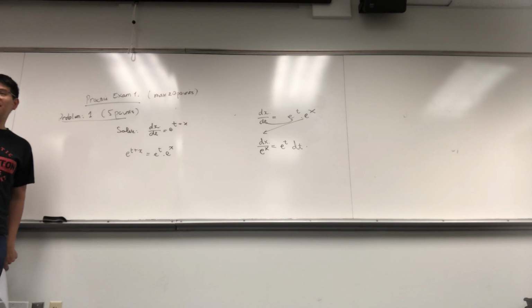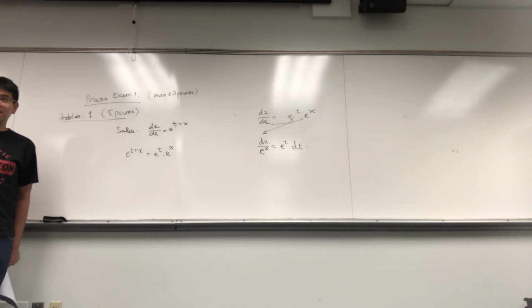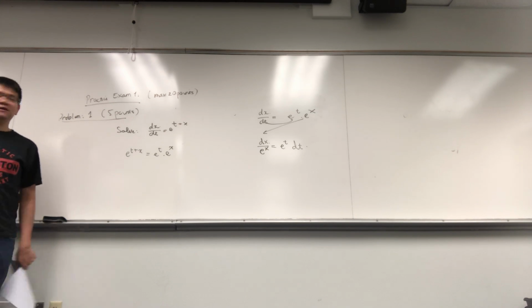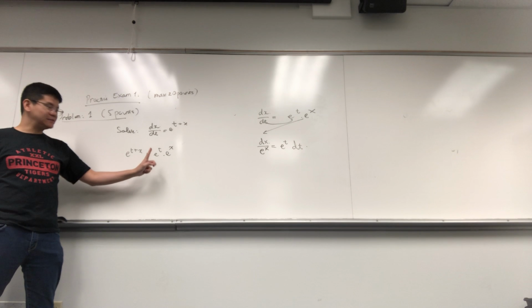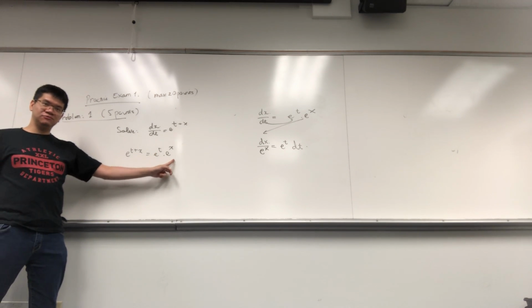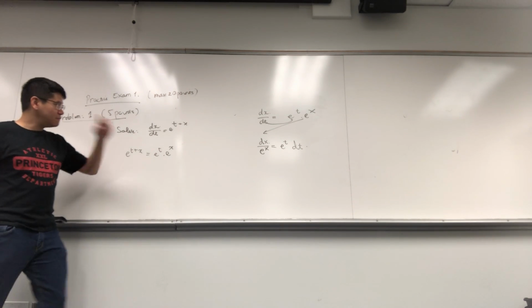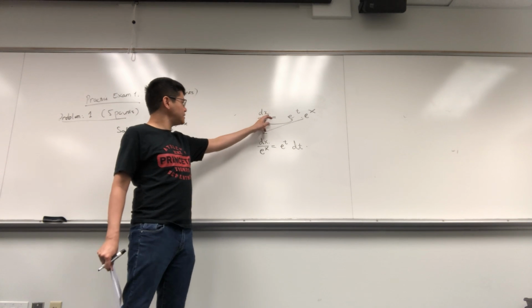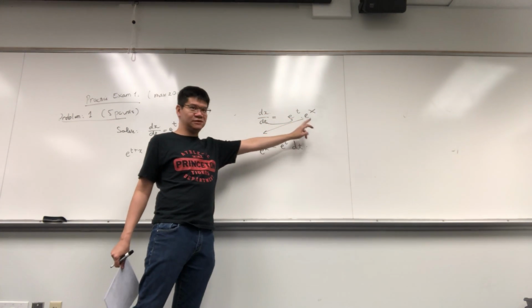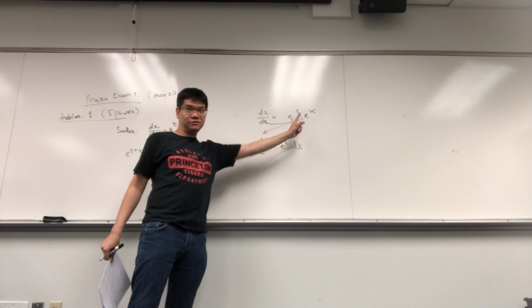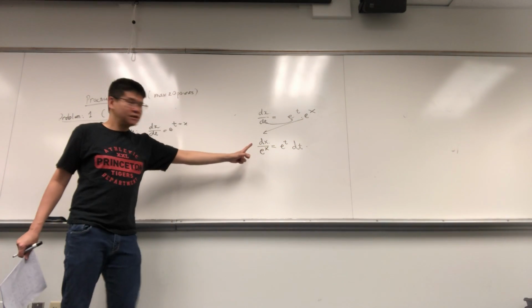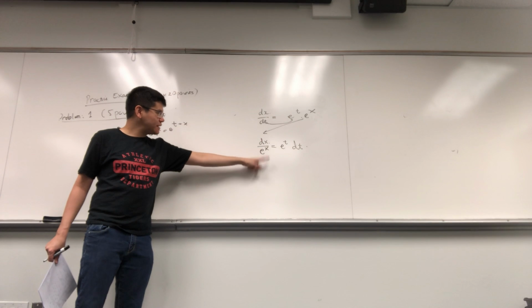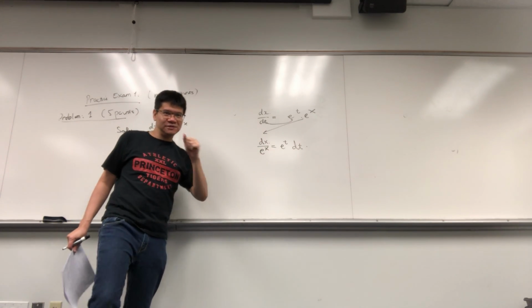So the first problem is to check if you understand separation of variables. You multiply dt to the other side and you divide by e to the x here. So you have dx over e to the x is e to the t times dt.